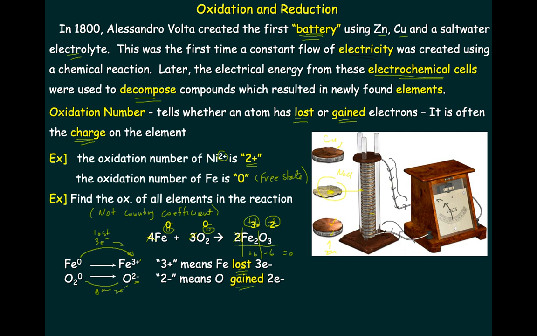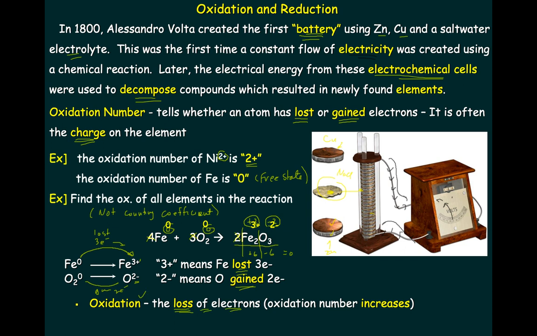Okay, so we can define 2 terms. We can define oxidation. Oxidation used to be the term for reacting with oxygen. But if you do react with oxygen, you actually lose electrons. So oxidation, in our language going forward, is going to be the loss of electrons.